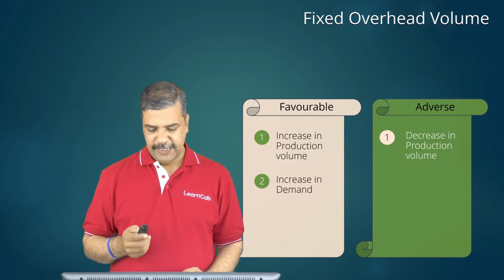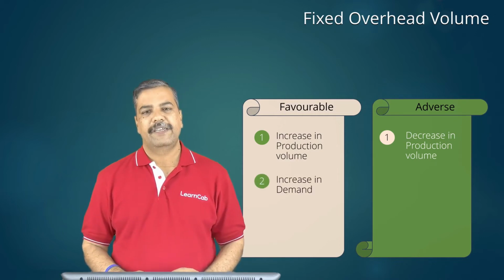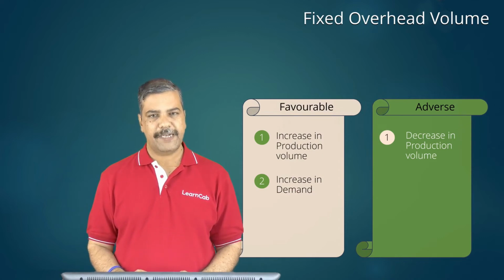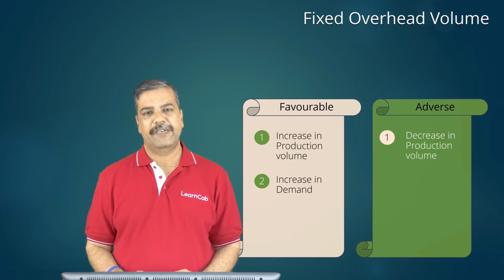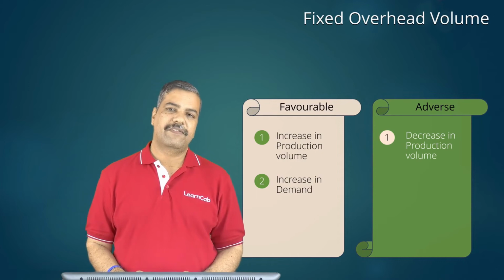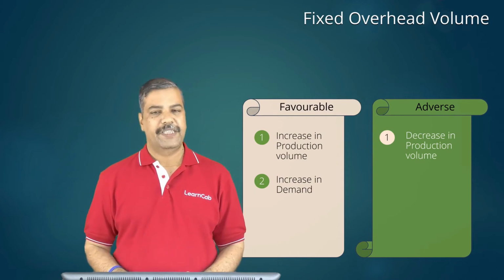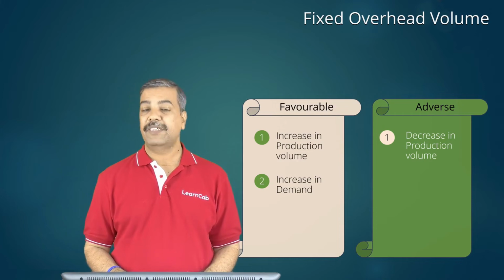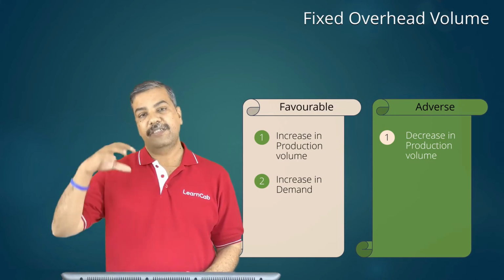The next one is increase in demand. We are talking in terms of market demand. When there is a huge demand for manufacturing a particular product, orders are coming in on time, and more orders are flowing into the production system, that means the chances of recovering the fixed cost are high. So the absorption of fixed cost per unit is coming down.